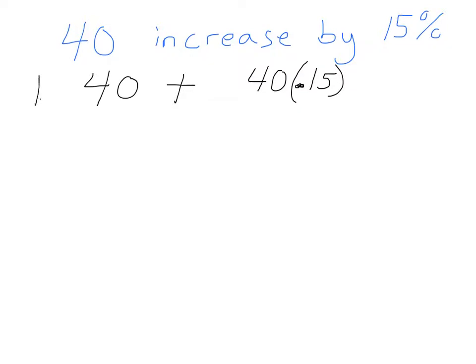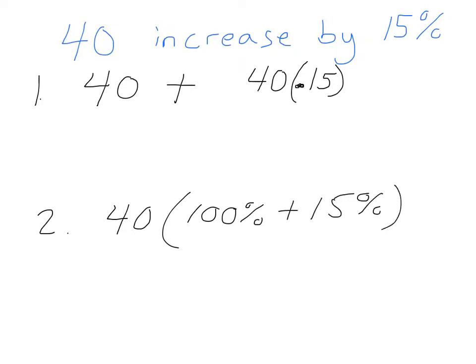There's method 1. Method 2 says, we don't want just 100% of 40, we want 100% and an extra 15%. So when you multiply here, again changing these percents to decimals, this is 1 and this is 0.15.